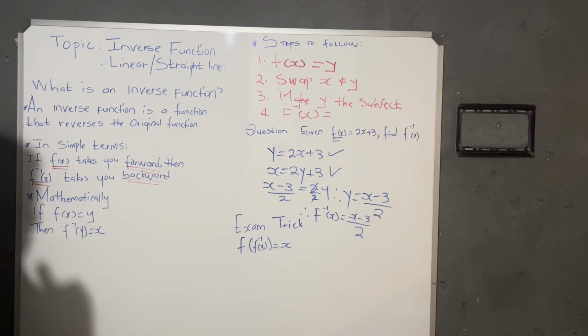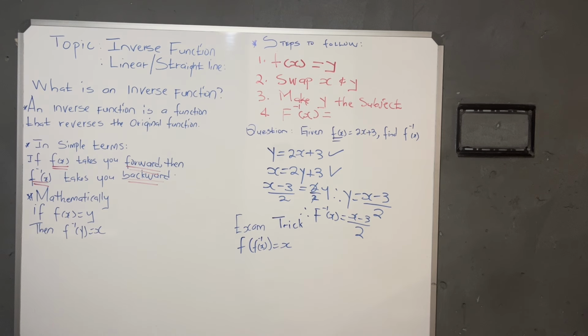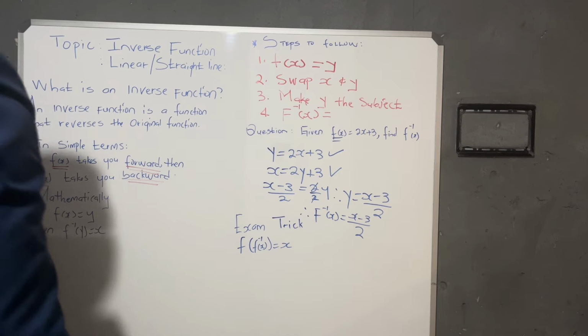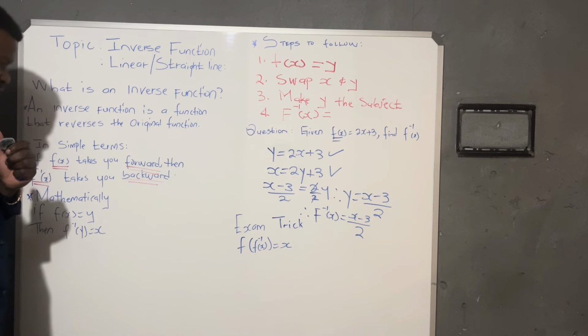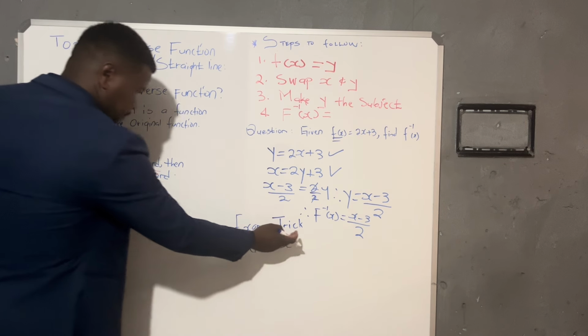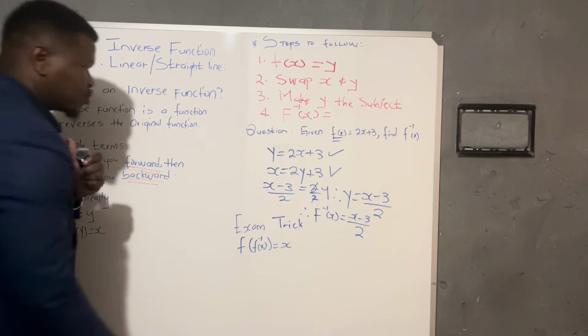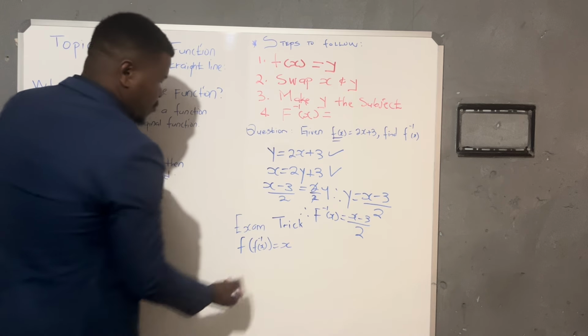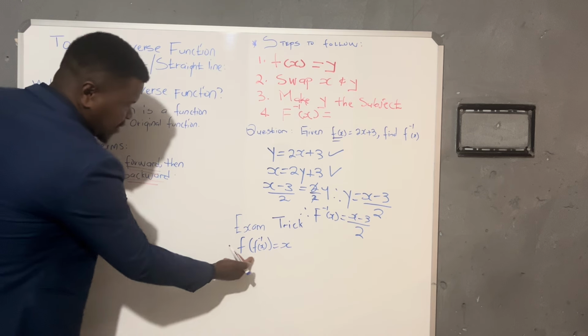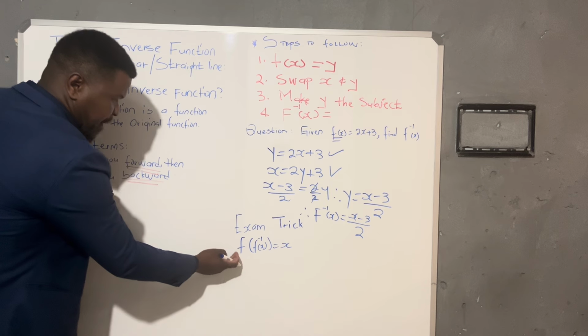The question that they may ask you is to draw the original function and the inverse on the same system of axes. Now, here's the trick. To see that your solution was correct, understand what this means. This is f of x.